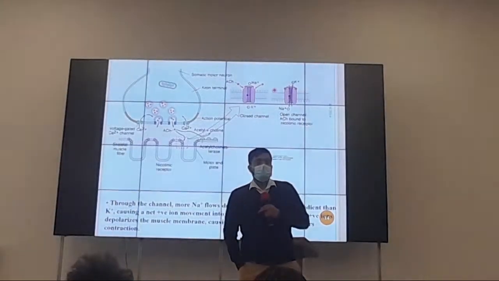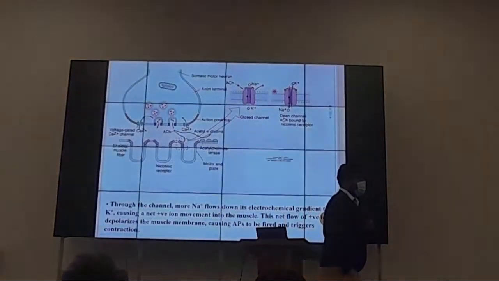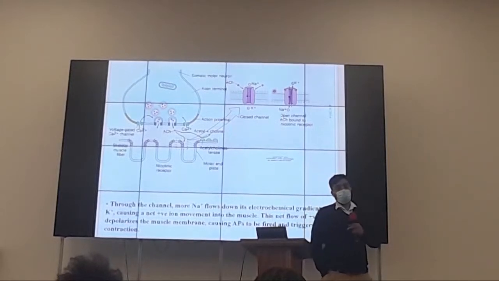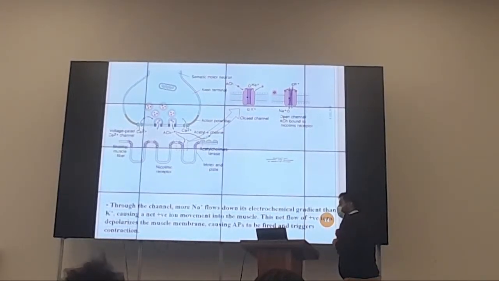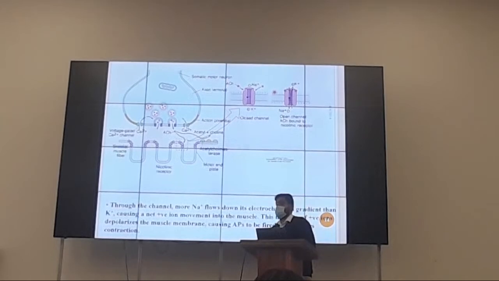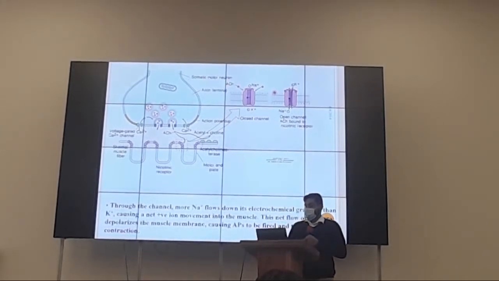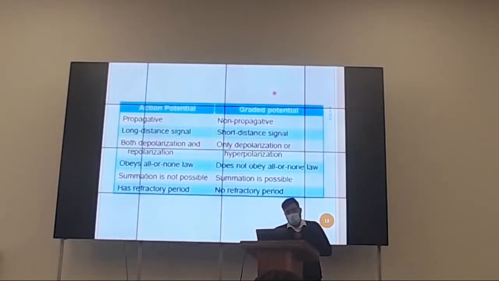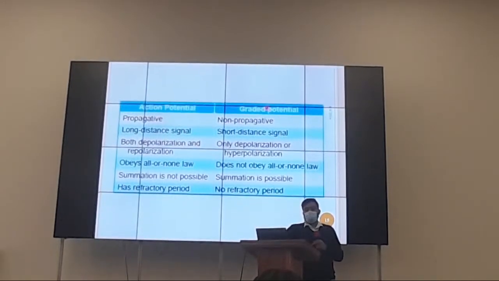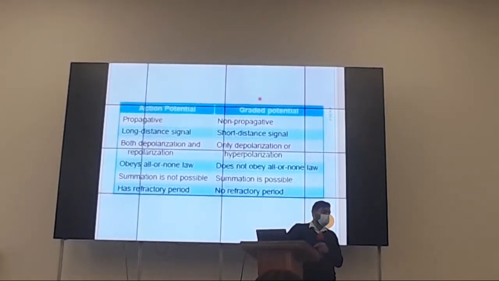Understood? So your EPSPs are what we call graded potentials. Do you know the differences between a graded potential and an action potential? Right. So graded potentials, examples are your EPSPs.